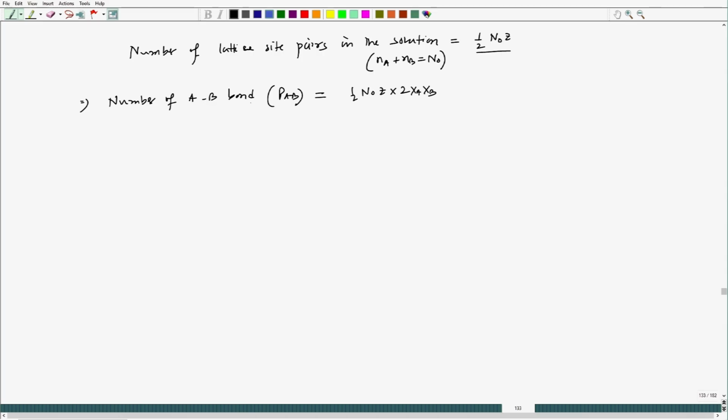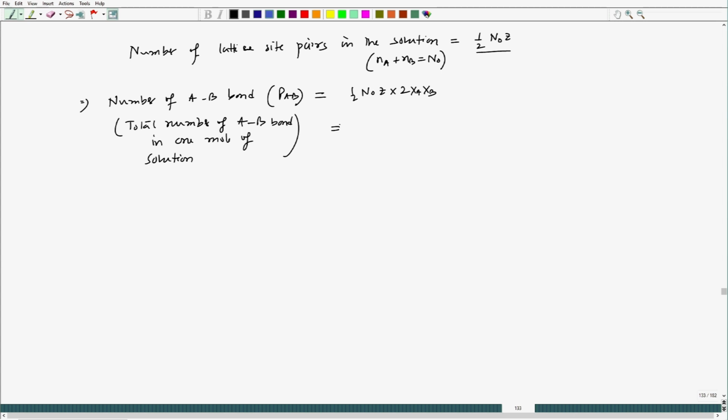Okay. So, this is the total number of AB bonds in 1 mole of solution.